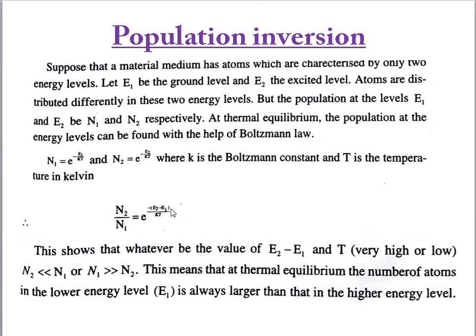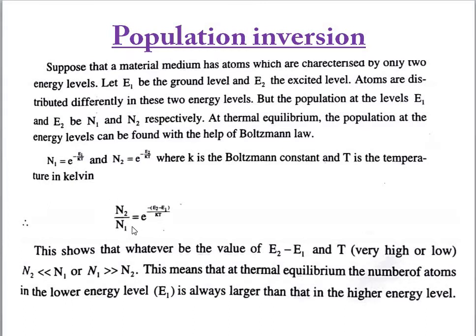So when we substitute here, the numerator is a high value compared with kT, which is very low. When the denominator is very low, the number is very high. So e raised to minus infinity is nothing but 0. That means N2 is 0, or the higher energy state has less population, theoretically 0 population.